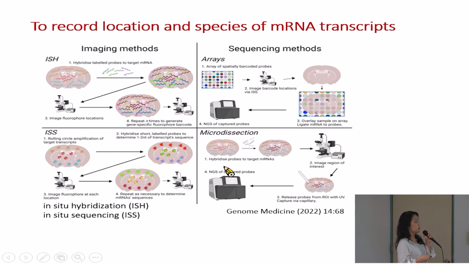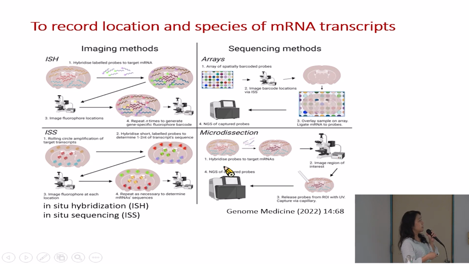Then this probe will be labeled with a fluorophore. Then we can see the specific messenger RNA's location. Then we repeat this several times to generate the gene-specific fluorophore barcode. Then we can understand which gene is located in which specific tissue region.